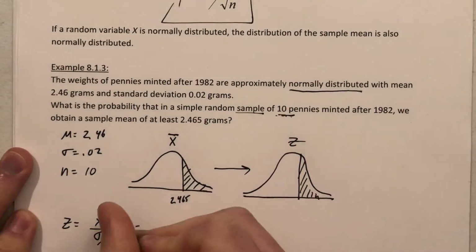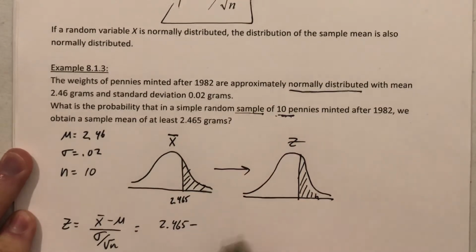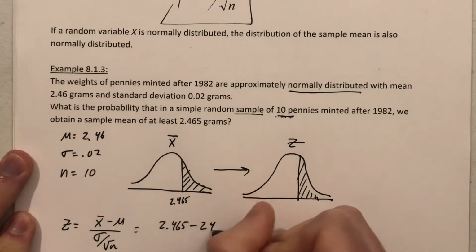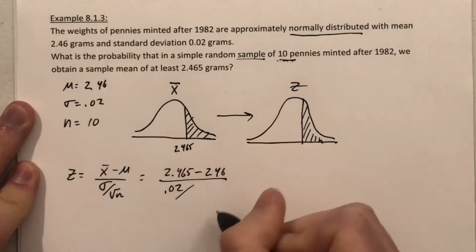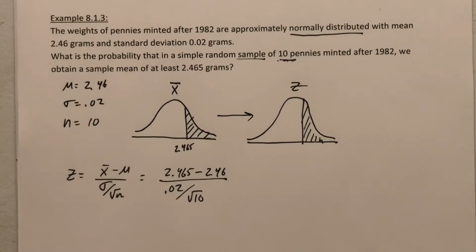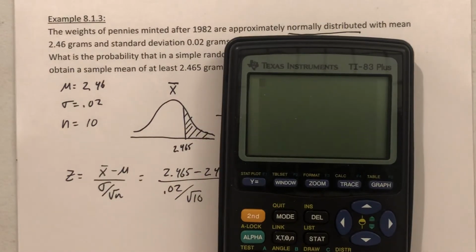And so our sample mean value is the one in question, 2.465. The population mean value is the one we were given in the problem, 2.46. Standard deviation of 0.02 and the sample size of 10 in there. So this is another one where you want to be careful as you're entering your numbers. Make sure your calculator knows what you're typing.